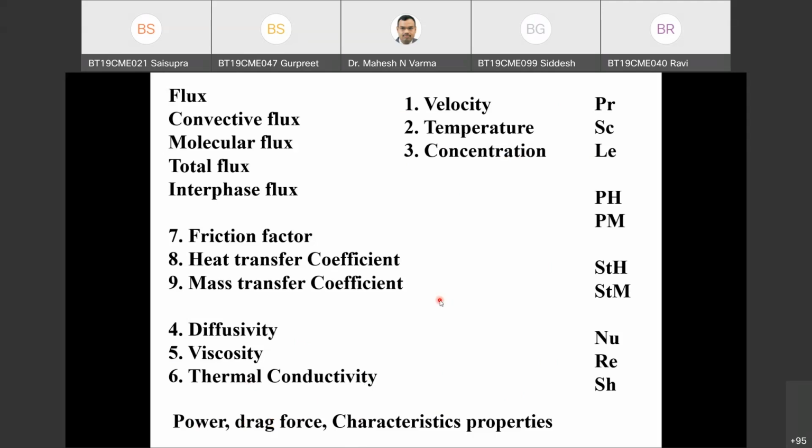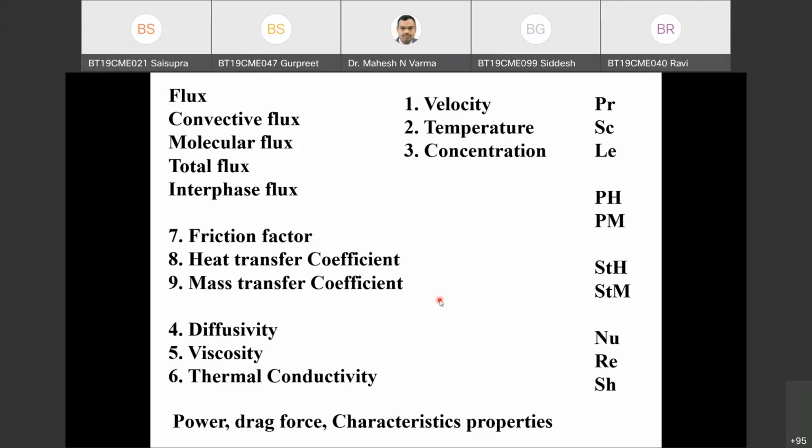Now we'll move on. We have also discussed analogy. So what is an analogy? An analogy is an interrelation between two areas. Initially we developed our understanding that these three areas are similar to each other.